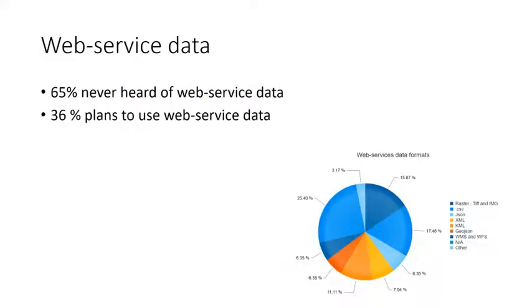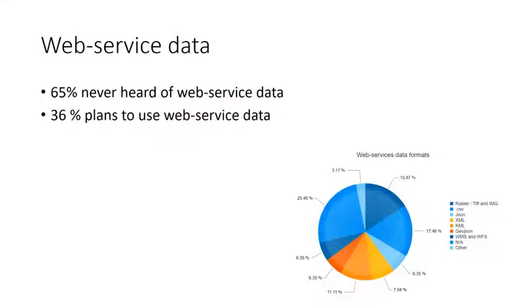You remember I was presenting you some visualization related to weather data that I call web service data. They were coming in JSON format or XML format from an online server. I asked if they have ever heard of WebGIS data. This type of data can be very useful as secondary data, especially for data that need to be updated daily, like weather data. 65% of participants never heard of this technology, and only 36% use web services data.